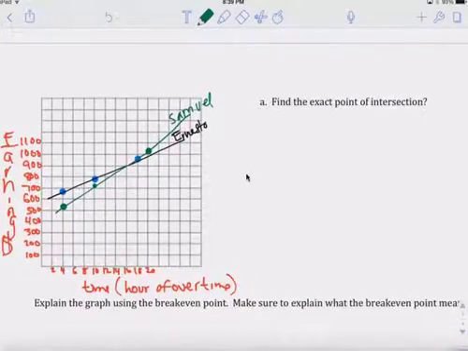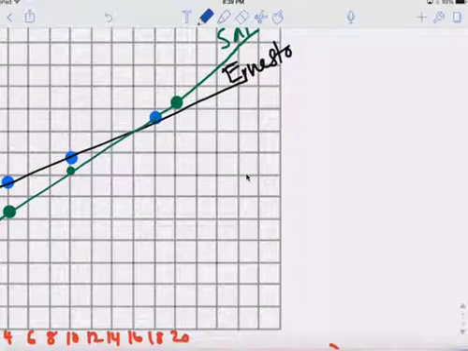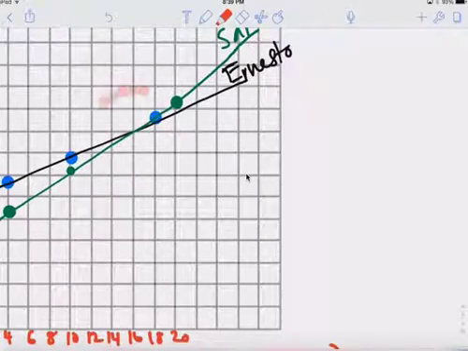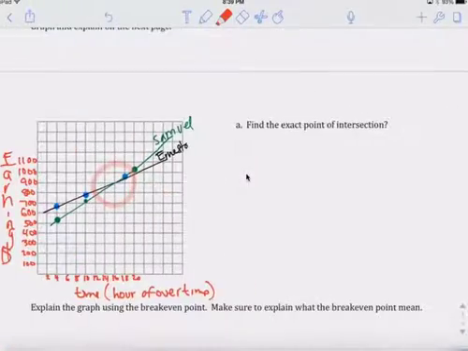Find the exact point. So my exact point, I'm going to guess numbers around here. So I'm going to guess 16 hours. Remember, I didn't even have to look to see what 16 means. My 16 hours of overtime.